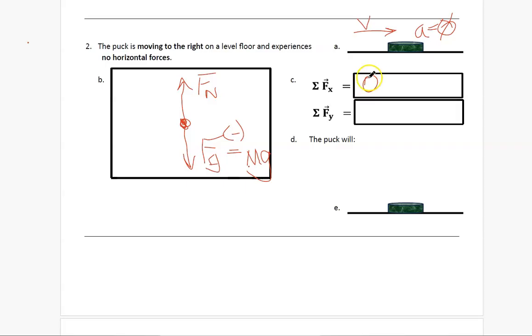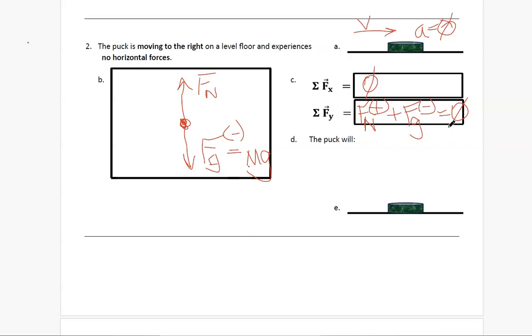Our horizontal forces, again, are 0, and our vertical forces are the same vertical forces. We have an upward positive normal force plus a downward negative gravitational force, and they balance. So we know those add up to 0 as well.